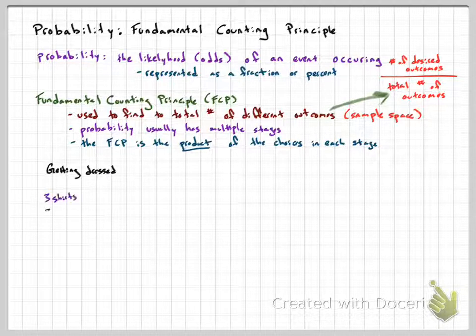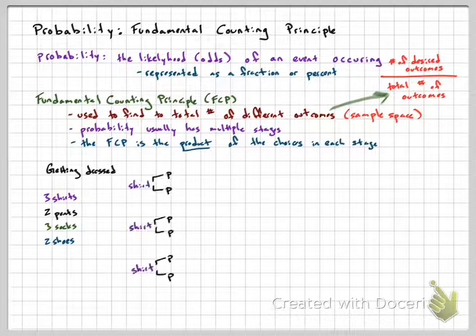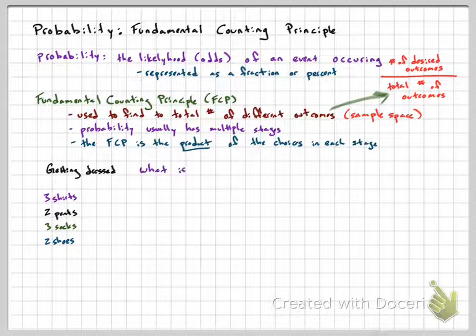Let's say you only have 3 shirts, 2 pants, 3 socks, and 2 pairs of shoes to pick from. The question is, what is the total number of different outfits that you can put together?